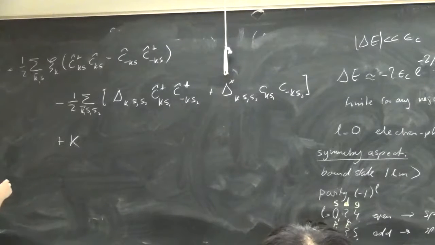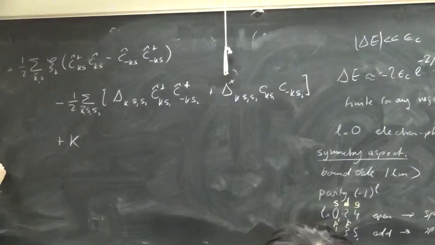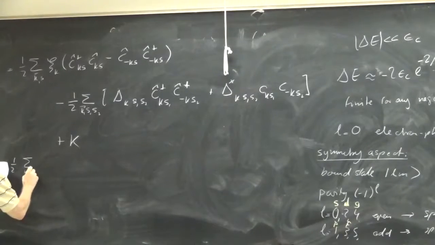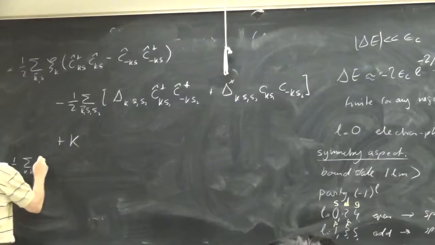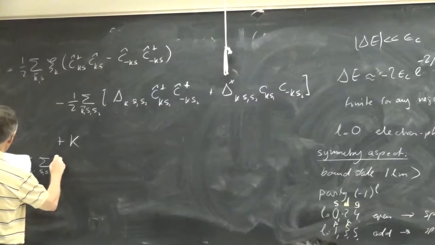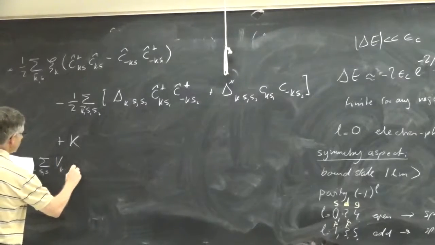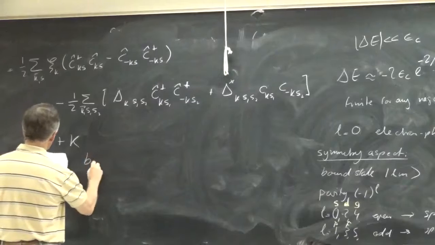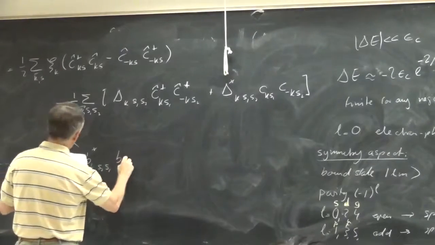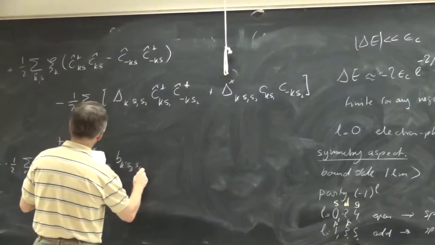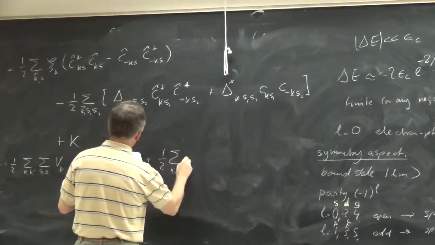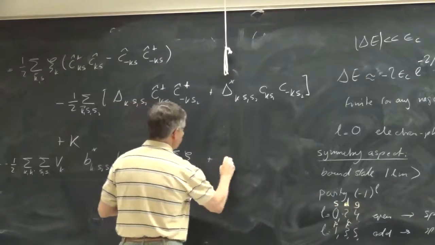Now k here is minus 1/2. So here all the s's are in, and then I have here v and all the arguments b, k, s2, s1, star, k prime, s3, s4, plus 1/2 sum k, s, psi of k plus something small.